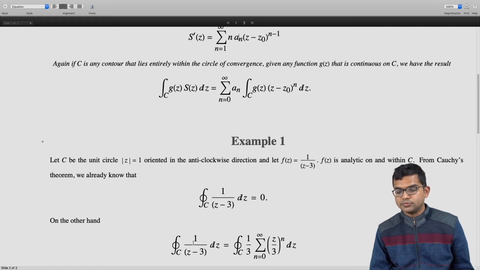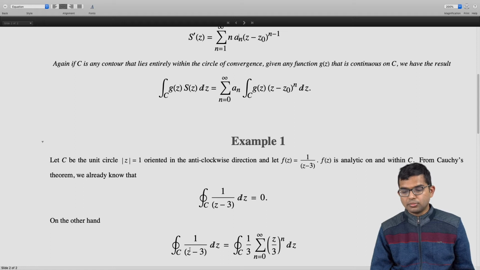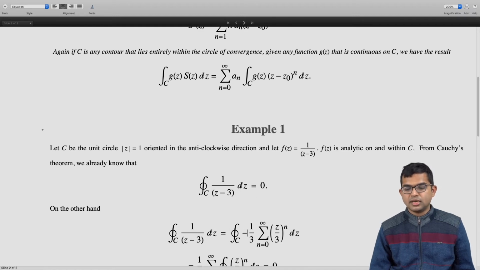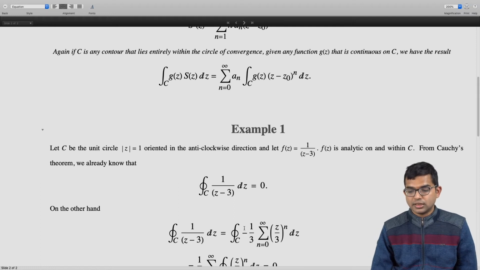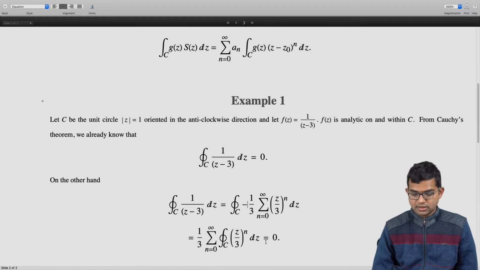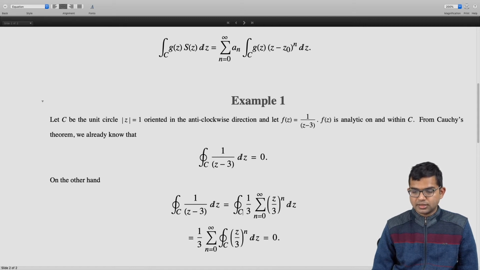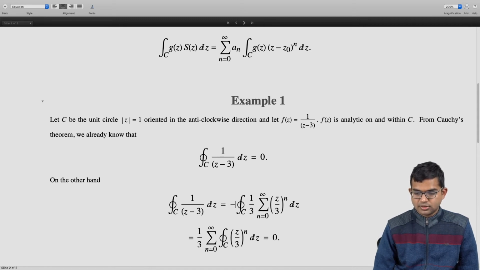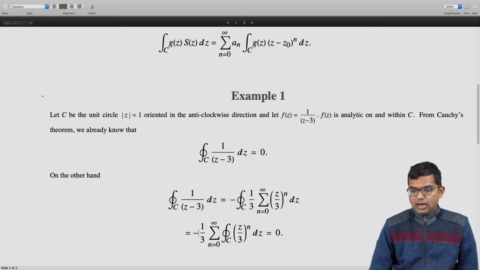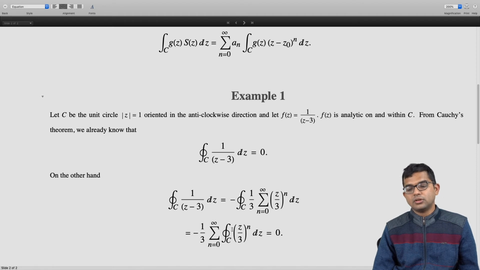I'm pulling out a 3, so it should be z over 3 minus 1, so in fact it should be minus. It doesn't matter, because in the end it's just going to go to 0 in any case. So there is an overall minus sign, so let me pull out this minus sign, and that minus sign in any case will come out. And then you have a contour integral of this infinite series, which can actually be written as the summation over all these different contour integrals.